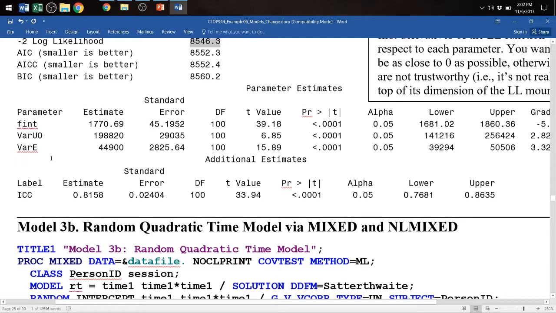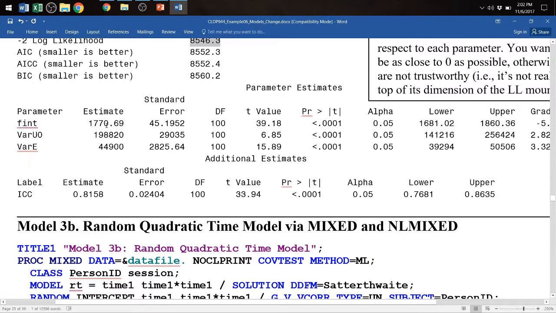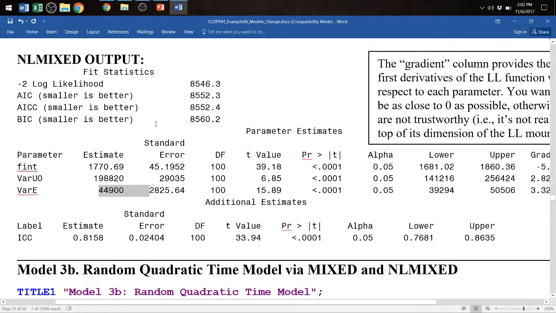But then it just spits out the estimated parameters in the order in which you listed them on the parm statement. So here's my f int, which based on my name, I know that's the fixed intercept. Here's my random intercept variance, and here's my residual variance. NL mixed does not have REML. It only has ML. So that is one potential limitation.